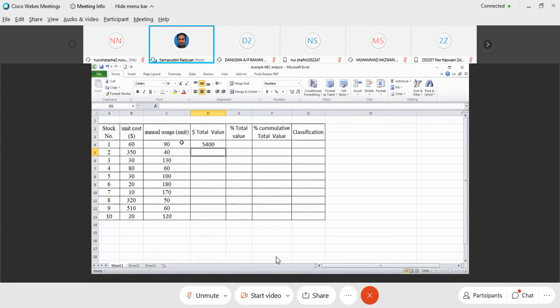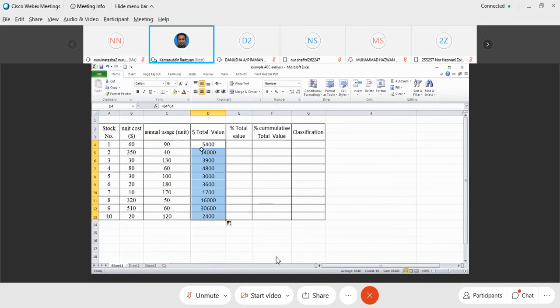And we repeat this process for the whole of the stock numbers that we have, multiplying the unit cost with the annual usage.